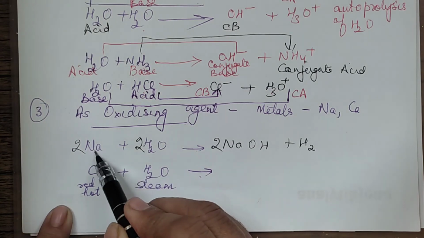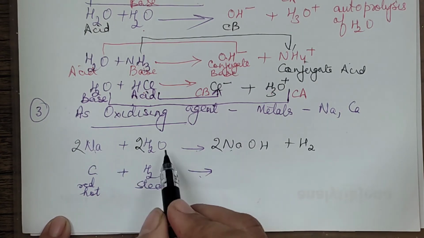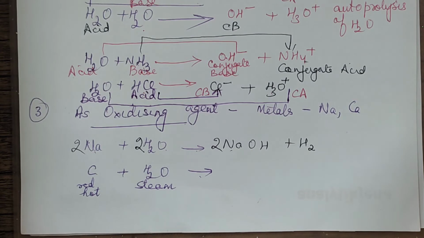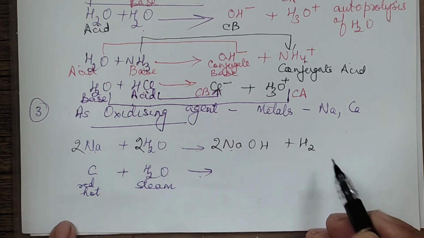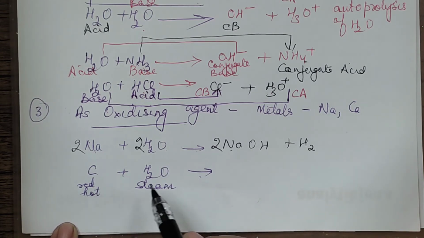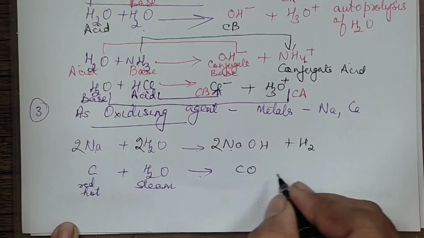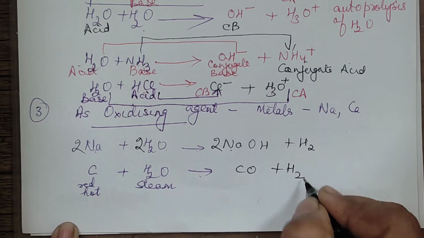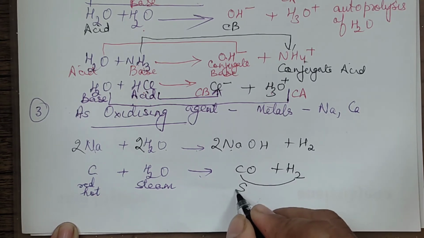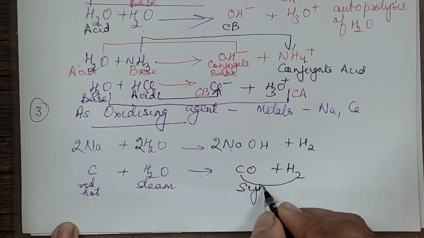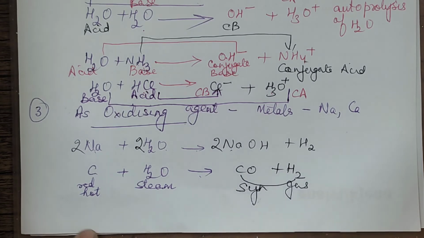So what has happened here? Sodium is oxidized to Na+. Water itself has undergone reduction. From +1 oxidation state, hydrogen has formed 0. If steam is passed through red hot coke, it will result in the formation of water gas. It is also called syngas. In this also, you will find that water is acting as an oxidizing agent.